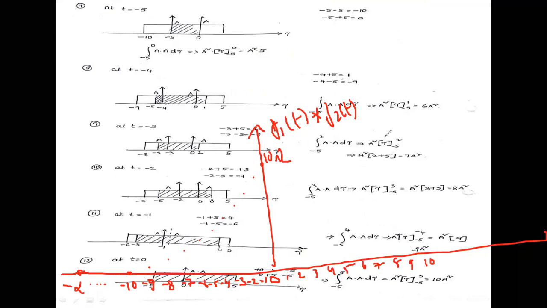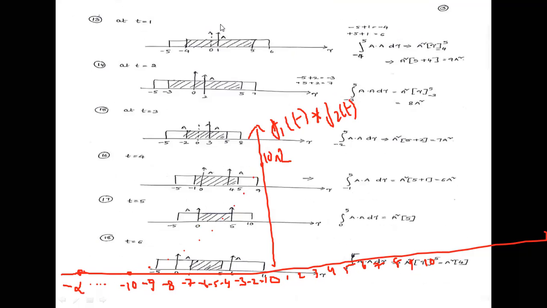What is at 1? At t is equal to 1, the value is 9a square, which means it decreases. Slowly it decreases here. 9, 8, 7, 6, 5, 4, 3, 2, 1, and at 10 it is 0. And plus infinity is also 0.